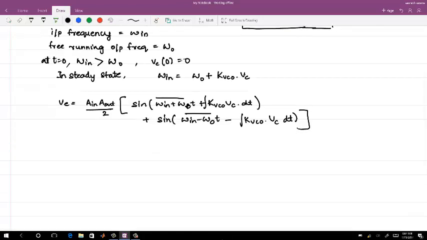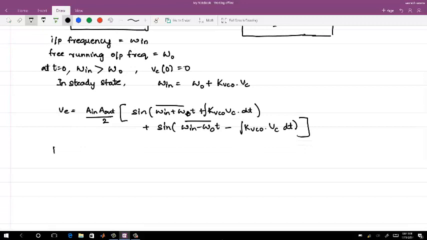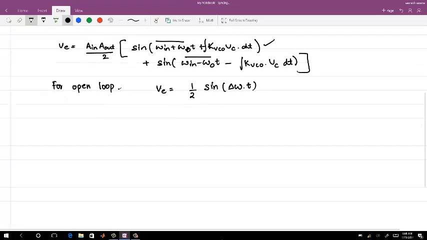Okay, so when I am saying that this loop is broken, or open loop, VE is only equal to, if A in and A out are both equal to 1, let's consider that this particular thing is going to be filtered by the loop filter. So we are only considering the low frequency signal, which is sine of delta omega t, and VC was 0, so this was the only thing present at the output of the phase error detector.